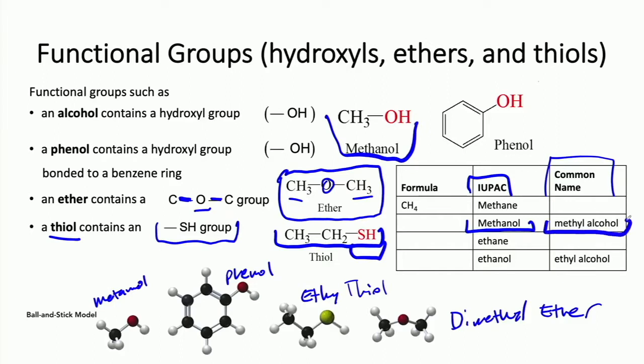Drinking alcohol, on the other hand, is CH3CH2OH, right? Very similar to ethyl thiol, but since it has a hydroxyl group in it, it's called ethyl alcohol. That's drinking alcohol. Or the IUPAC name for it is ethanol, right?